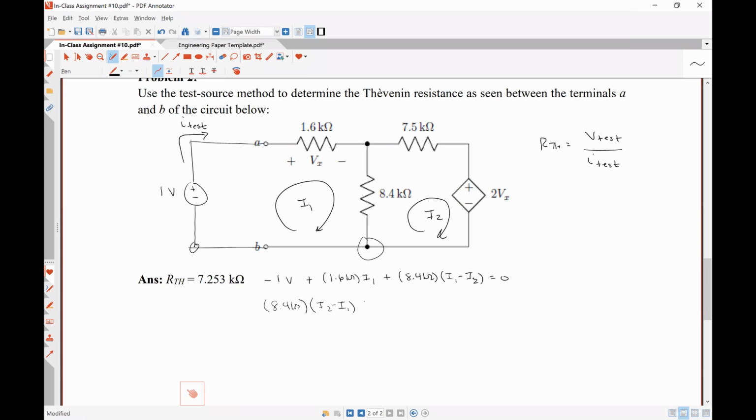Plus I2 times 7.5 kilohms. All right, plus 2Vx is equal to 0. Okay. So we have 2 equations and 3 unknowns. So somebody else tell me how I'm going to express Vx in terms of my mesh currents.